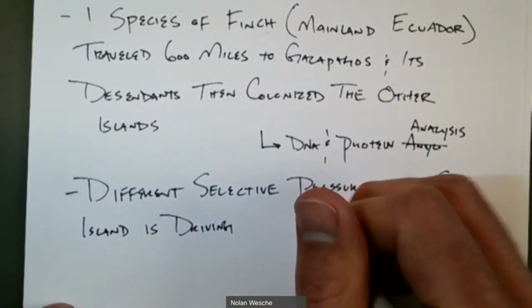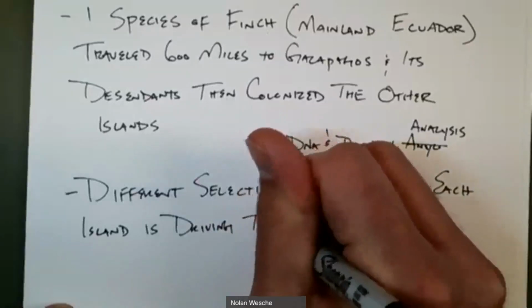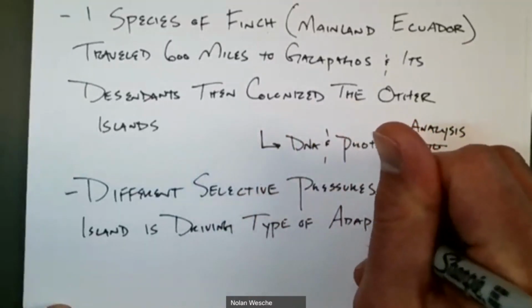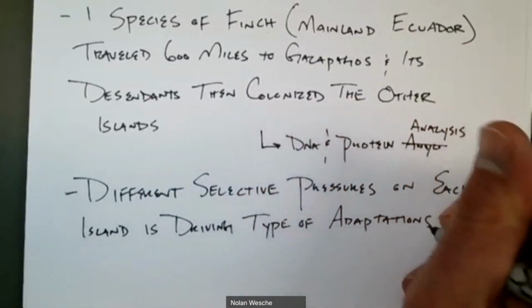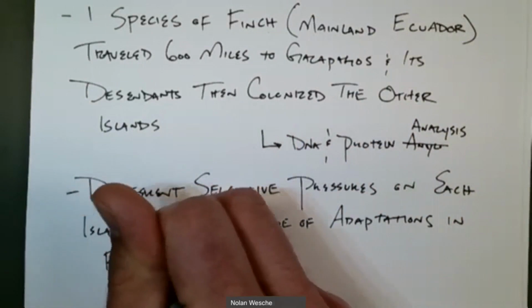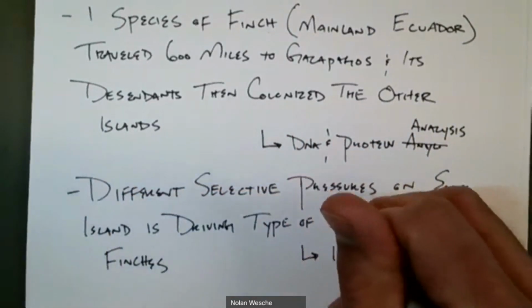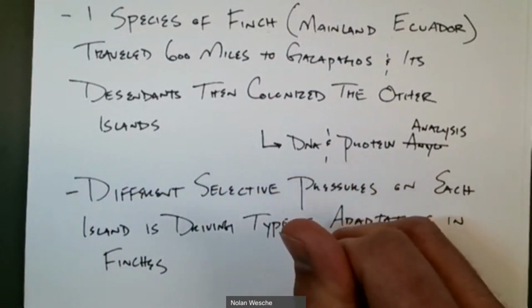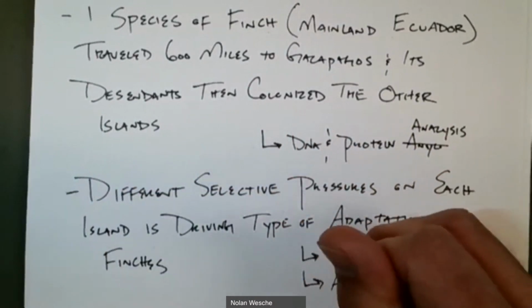So it's driving the type of adaptations in those finches. Right, and we have essentially 13 species, and this is called adaptive radiation.